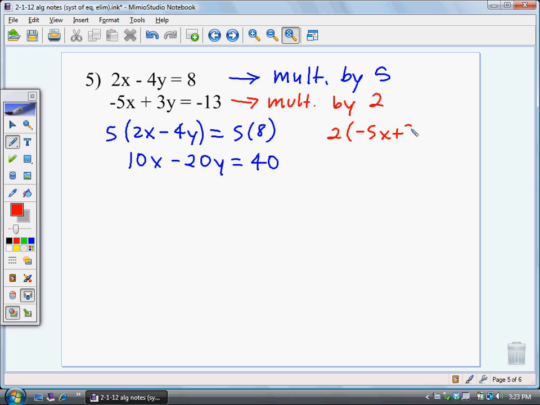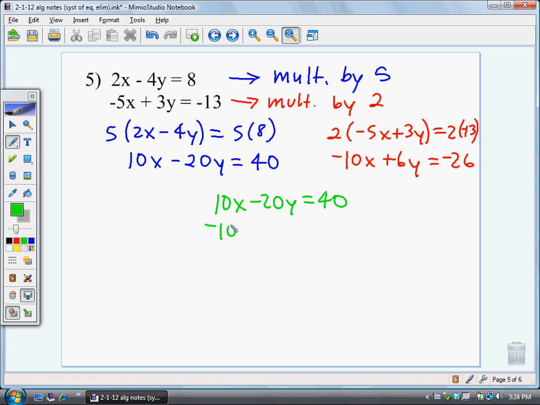Negative 5x plus 3y, and that would be negative 10x plus 6y equals, this is supposed to be a negative 13, negative 26. So there are my two equations, which I will write on top of each other. 10x minus 20y equals 40. Negative 10x plus 6y equals negative 26.